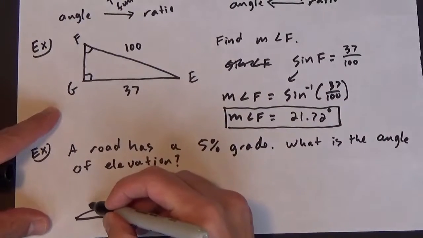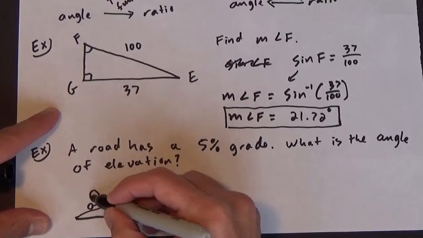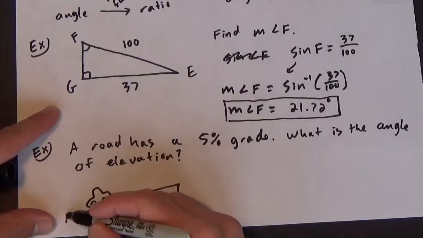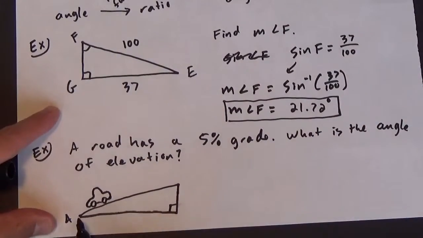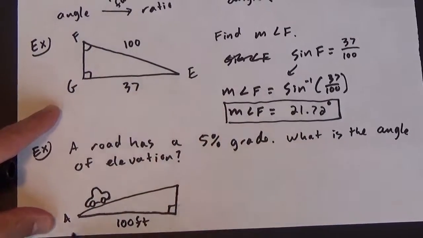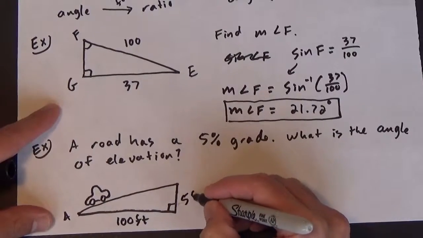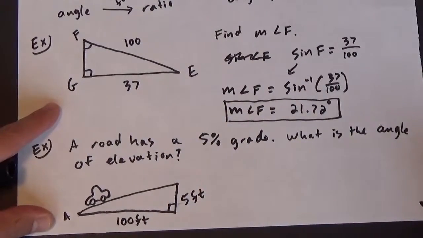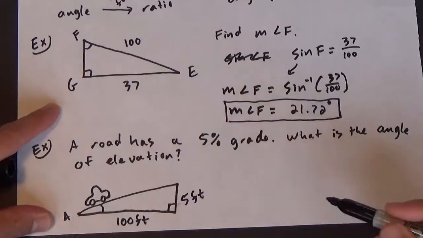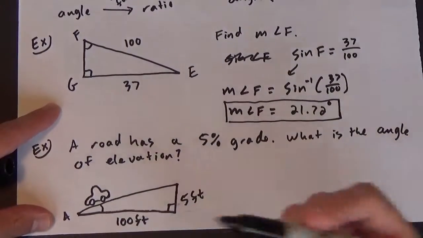You have to imagine there's our car, it's going up, and here's angle A. What it means is that for every 100 feet you go horizontally, you go up 5 feet. So the angle of elevation is this one here. Remember, you go up for angle of elevation. Now we can get that angle.